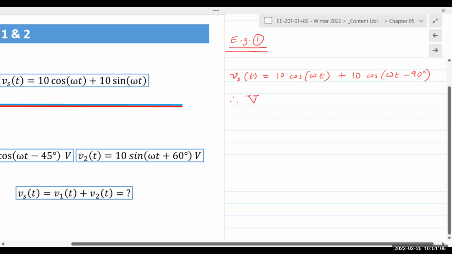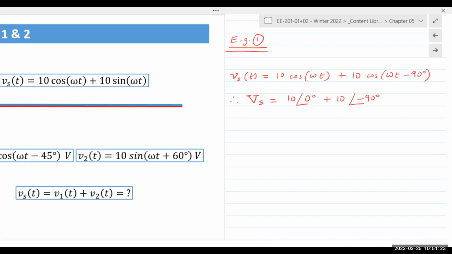And this uppercase V is going to be my notation for a phasor. Magnitude of 10, phase angle 0. Magnitude of 10, phase angle minus 90. Now, if you have programmable calculators, I suggest you program this equation directly in there and you obtain the final answer.